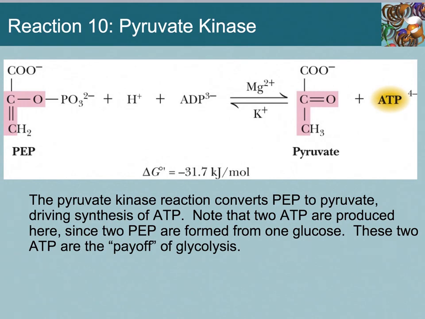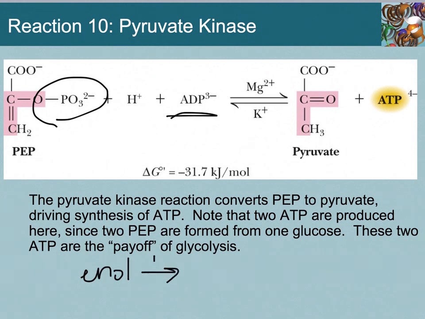Alright, so now finally we're coming to reaction 10 of glycolysis, and this is catalyzed by pyruvate kinase. What happens is that the PEP is going to transfer its phosphate group to ADP. We will have an enol that will then tautomerize to form the ketone pyruvate.